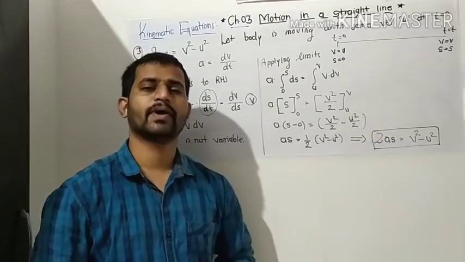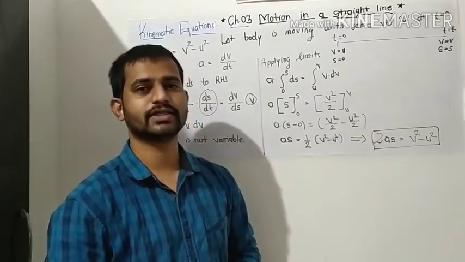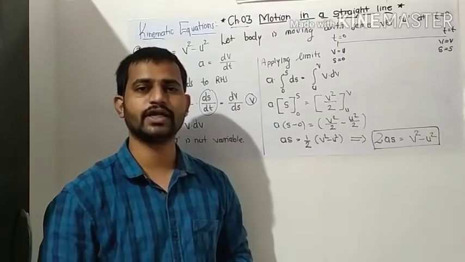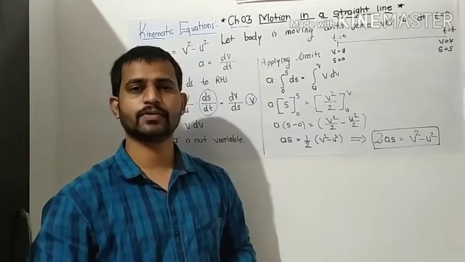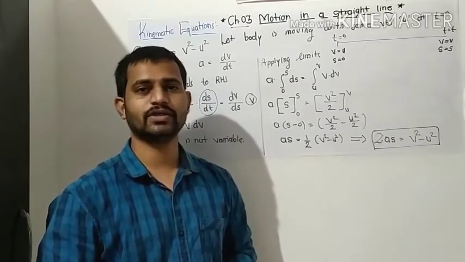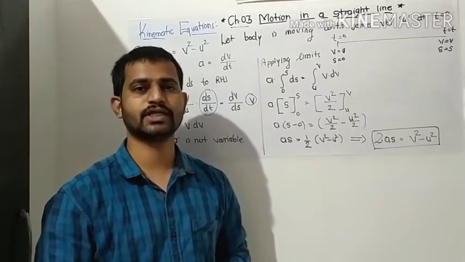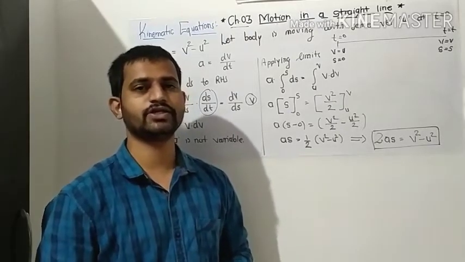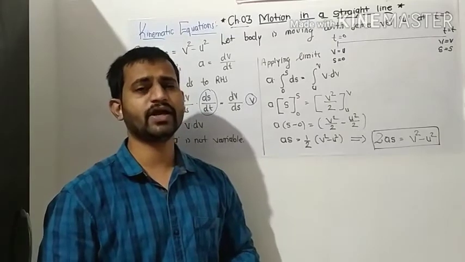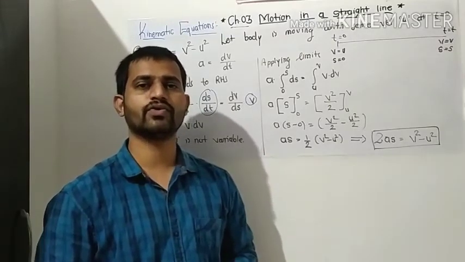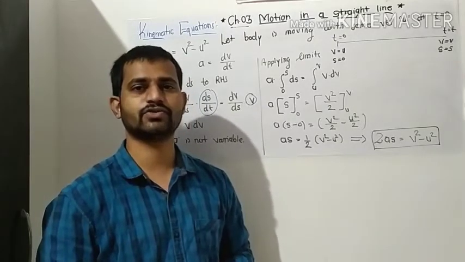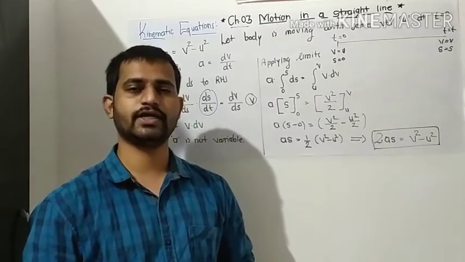So by using the second method of calculus, that is integration, we can prove the kinematic equations of the linear motion. First of all, we saw the first equation, v is equal to u plus at. Then depending on that, we went for the second equation, s is equal to ut plus 1/2 at square.